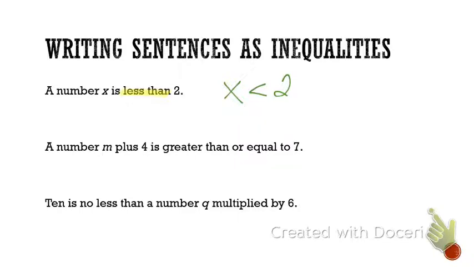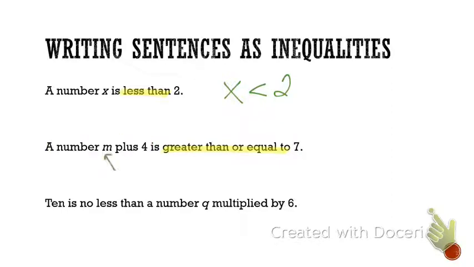Okay, a number m plus 4 is greater than or equal to 7. All right, look for that keyword. Did you see greater than or equal to? All right. So now, how would we write a number plus 4?